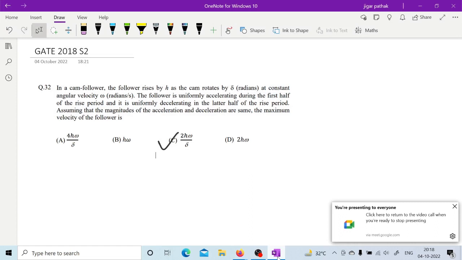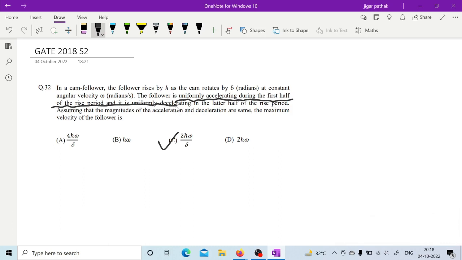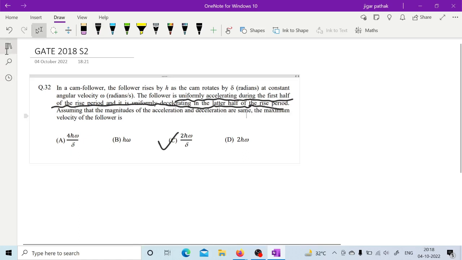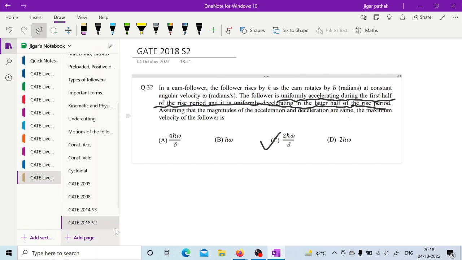It is 2h omega by delta only. Sir, this is the constant velocity one, right? No, no, no. It is uniform acceleration and deceleration, right? Uniform deceleration during the latter half. It is not constant velocity. Okay, okay. So let us go to the next one.